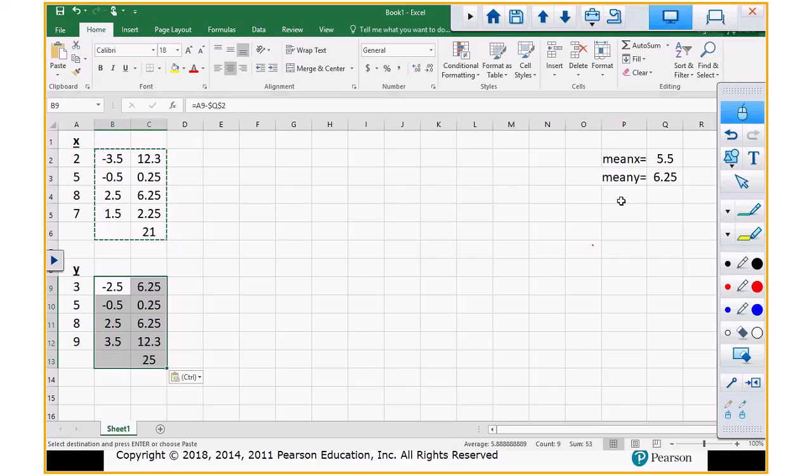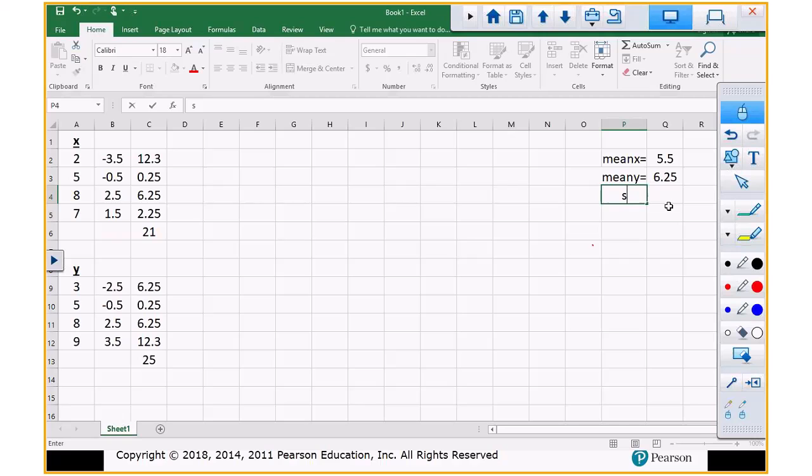So I'm going to do my, let's see if I can do this. Standard deviation for X equals, and I'm going to go parentheses this number divided by 3, right? 3, close parentheses, raised to the 0.5 power.